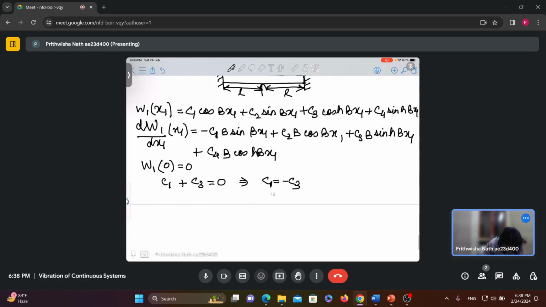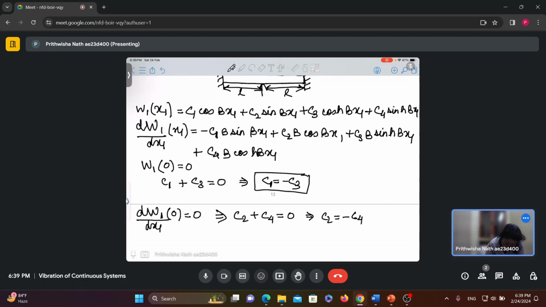Again, if I put the derivative of w1 with respect to x1 as 0, we get C2 plus C4 equals 0. So these are the two conditions which I get from here.